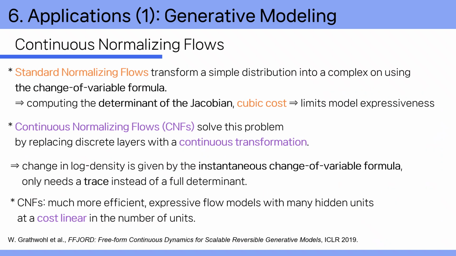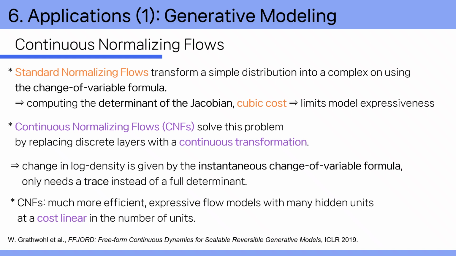Normalizing flows transform a simple distribution into a complex one using the change of variables formula. However, standard flows require computing the determinant of the Jacobian, which is cubic in cost and limits model expressiveness. Continuous normalizing flows solve this problem by replacing discrete layers with a continuous transformation. In CNFs, the change in log density is given by the instantaneous change of variables formula, which only needs a trace instead of a full determinant.